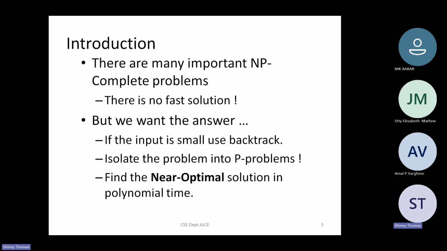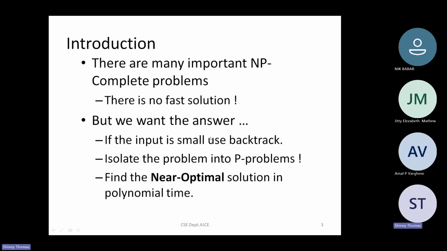But there are many people, algorithmists or scientists, who tried to solve these NP complete problems by bringing in different types of solutions, which are not exactly polynomial time algorithms, but approximately they are. So there is actually no fast solution for NP problems; we cannot complete them in polynomial time.